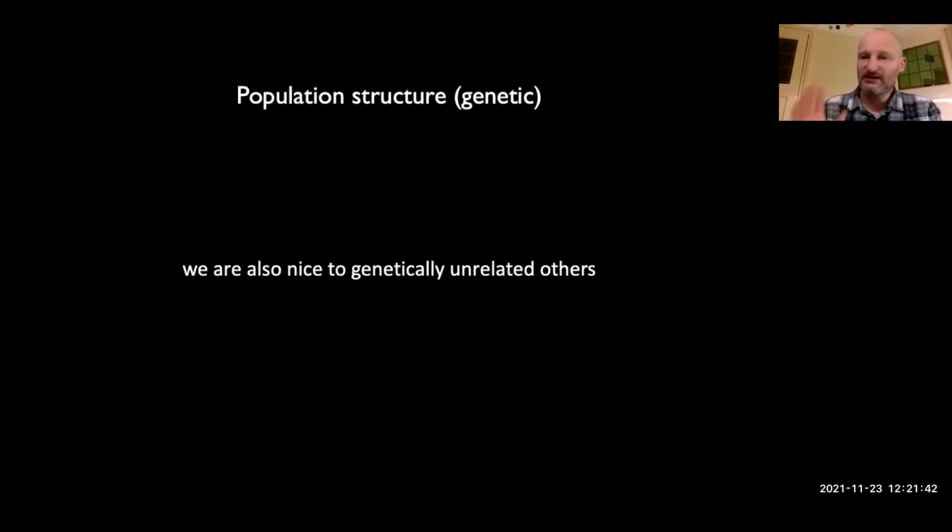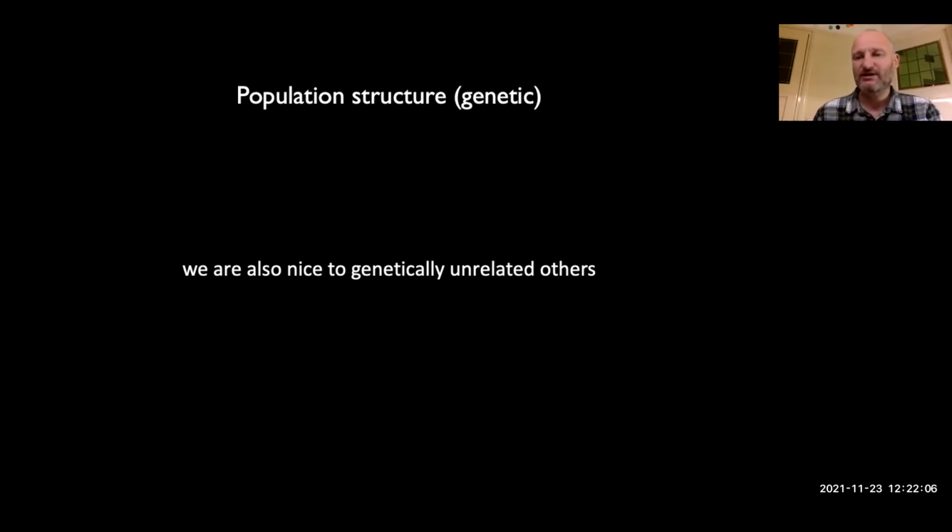Now, with genetic transmission, in 90% of the papers on the evolution of cooperation in humans, the introduction says something like, it's a mystery that we're also nice to genetically unrelated others. And that makes perfect sense because in population structure models, you would expect kin selection to happen.